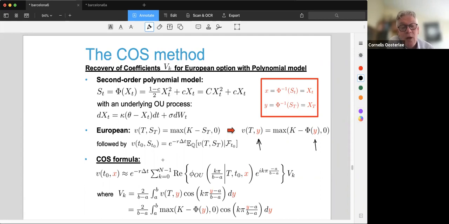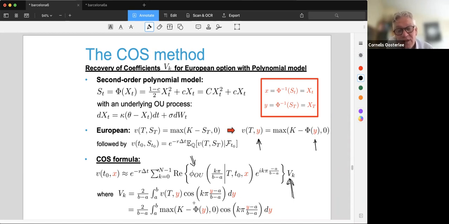And what we can do now is use the characteristic function of the Ornstein-Uhlenbeck process. We have x here as the primary unknown. So we have v of t0 and x. And that is then, if we work that out, the real part of that characteristic function of the process inside the polynomial model times this complex exponential times these option coefficients.